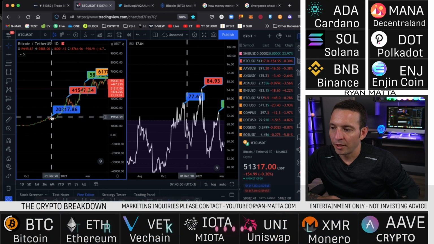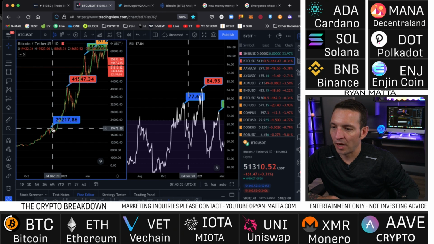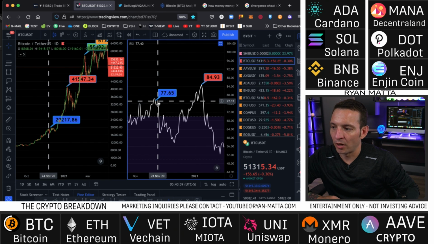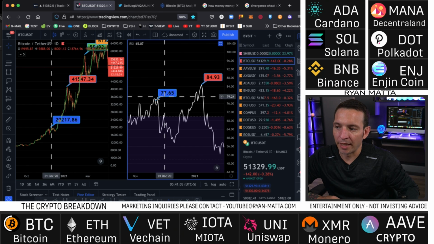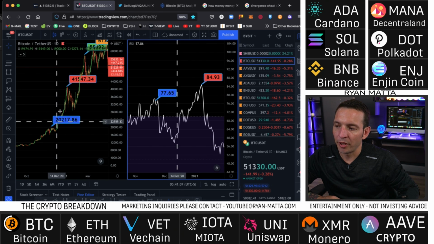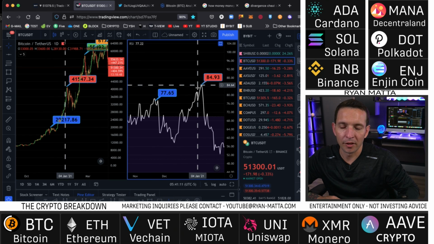So check out right here. See this blue dot right here on the chart? And see how if I hover my mouse over here and I bring the RSI, you can see that RSI level right there at 77, and this next RSI level is at 84. So we have price putting in higher highs and we have RSI putting in higher highs. What type of divergence is that? Trick question. There is no divergence.